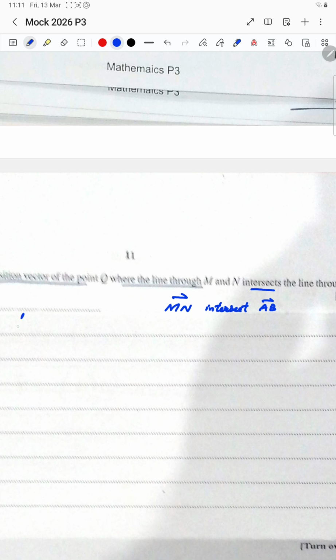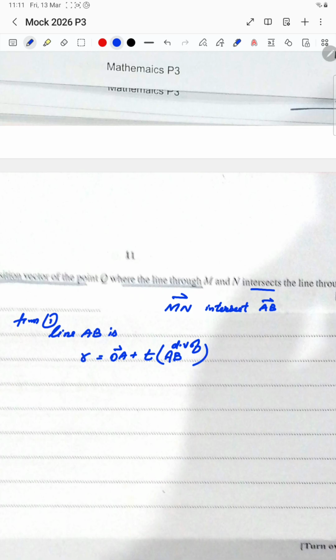Okay, I can write from the first part the line AB. Line AB is any point OA plus t times the direction vector of AB.